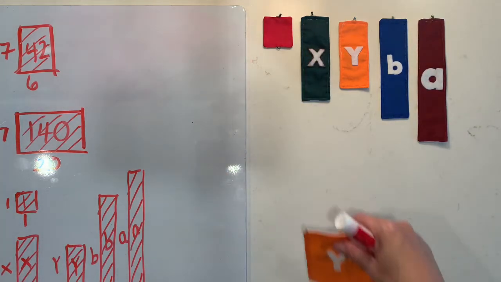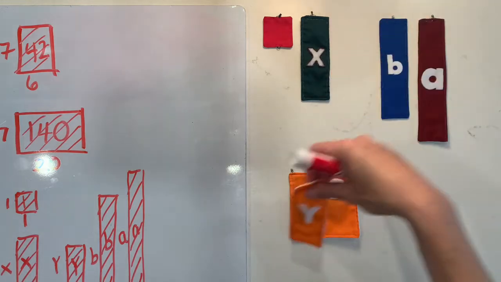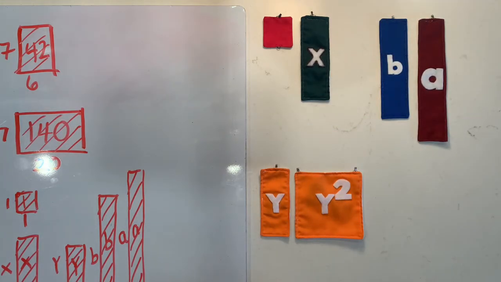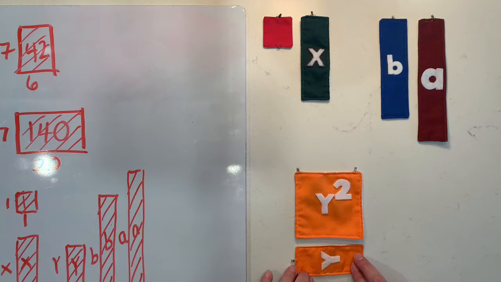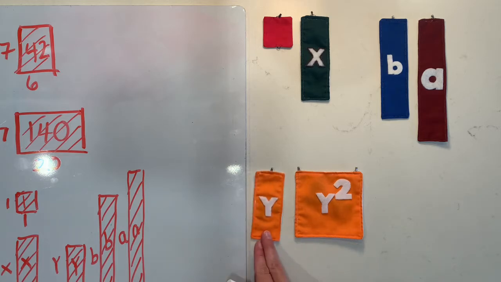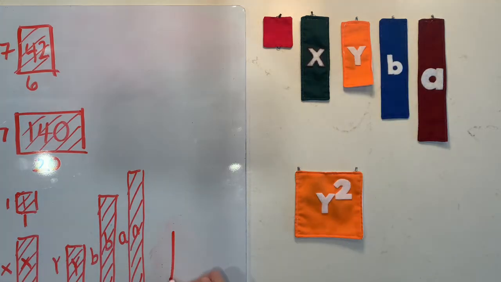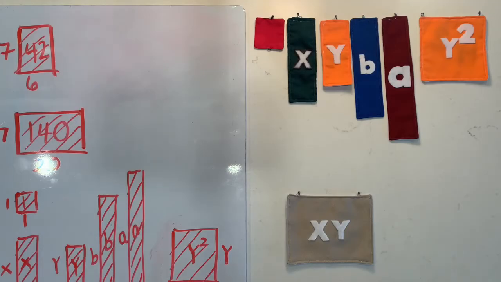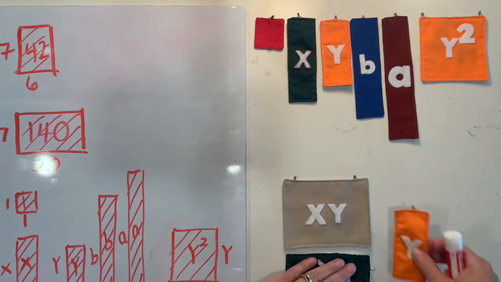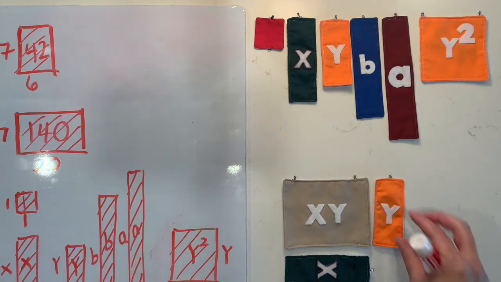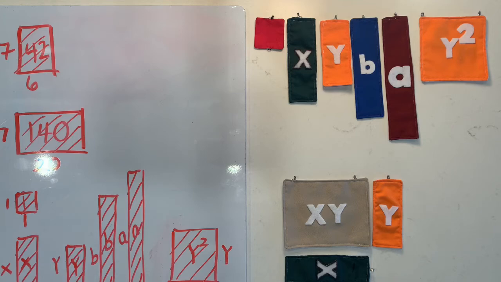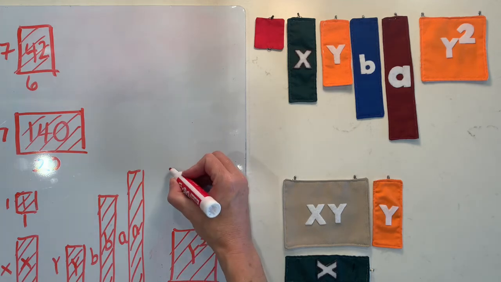If we had a shape that had a height of y and a width of y, it's y by y, so it's y units squared. A shape that is x units wide and y units tall has an area of xy.